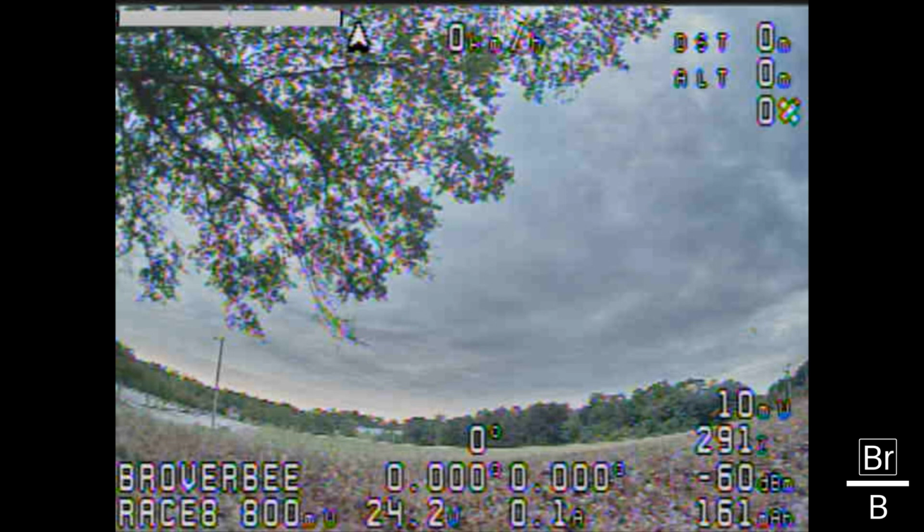Assuming you have dynamic power, it'll bump up the power rating as well, and it will only go below 0 or maybe just a couple negative dB until it makes that change.